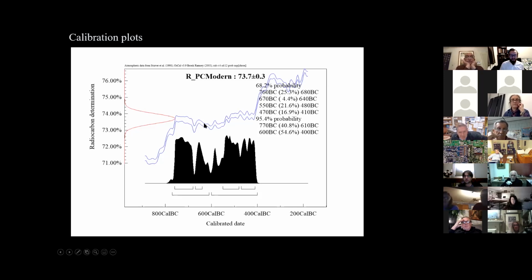So if you're trying to date anything that was alive, even just for the briefest period in here, the only answer you're going to get is this enormous time window of almost 400 years. Again, the measurement depicted here has the same precision as the previous measurements. It's just its location on the calibration curve that determines how broad the calibrated age range is.